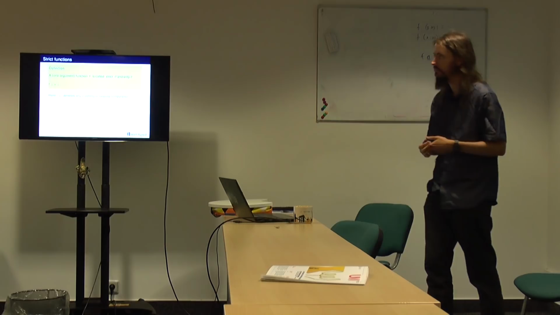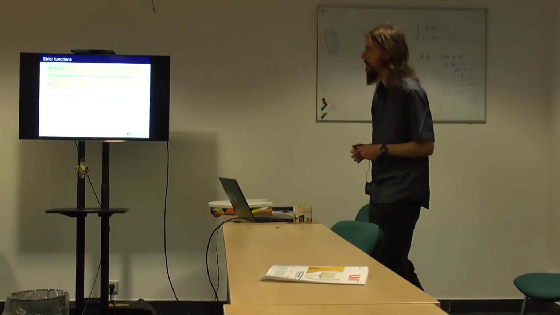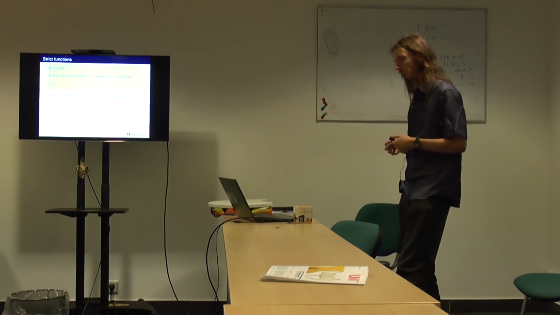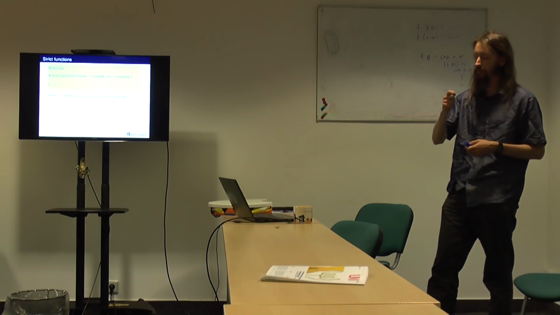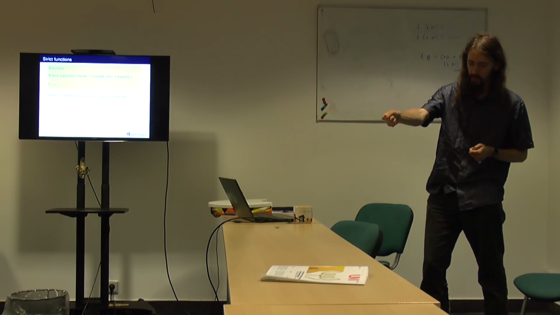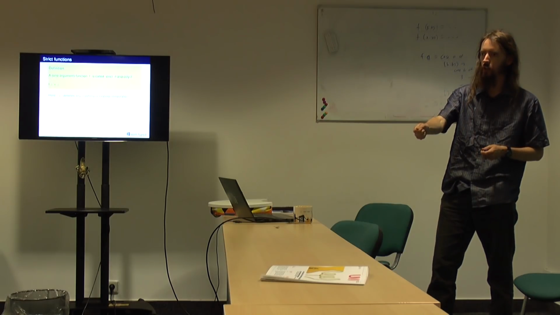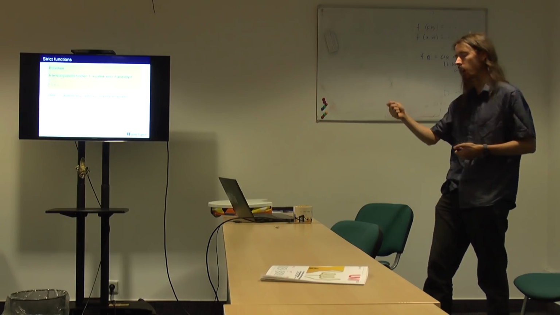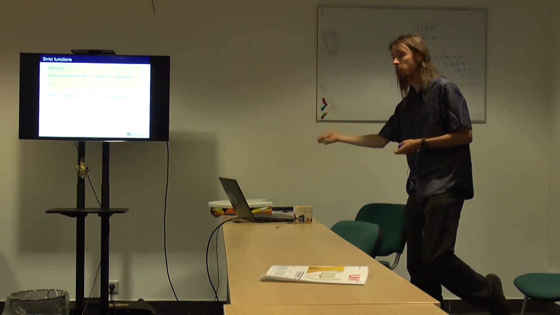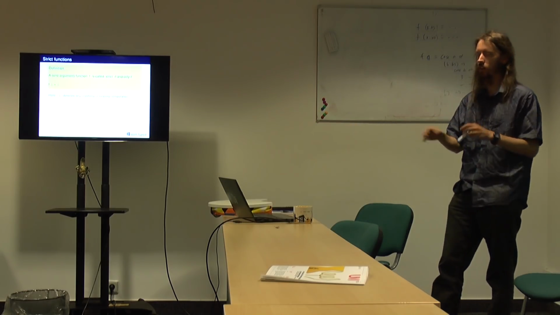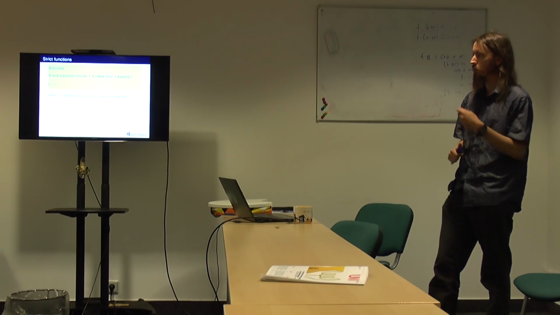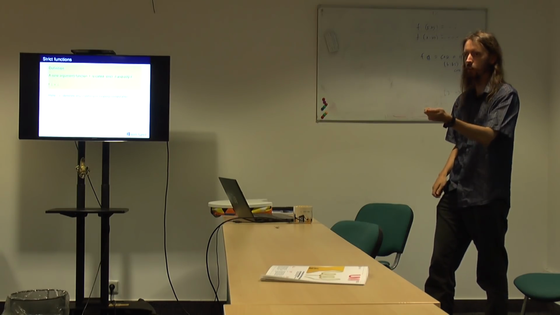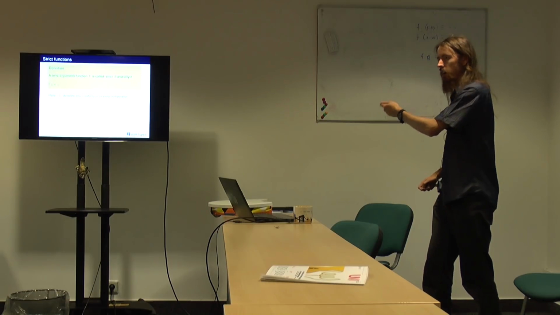A function of one argument is called strict if, and only if, you feed it in bottom and the result is also bottom. If you give it a non-terminating or an exception value, it returns either the exception value or itself does not terminate. Either of those two things are okay. But the easy way to think about it is you give it undefined and it returns undefined.